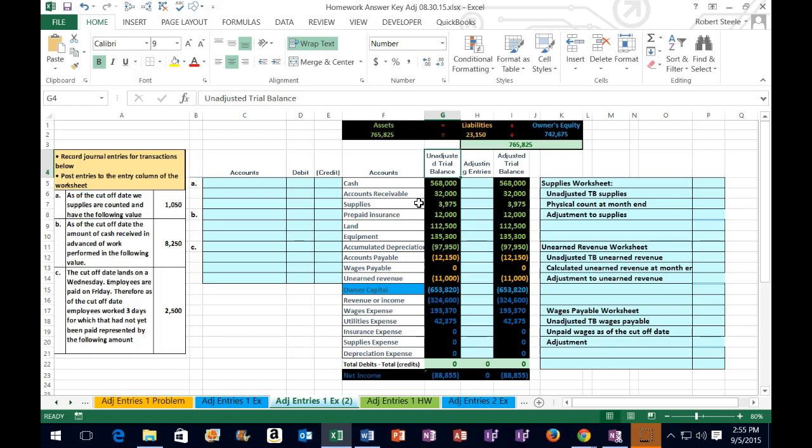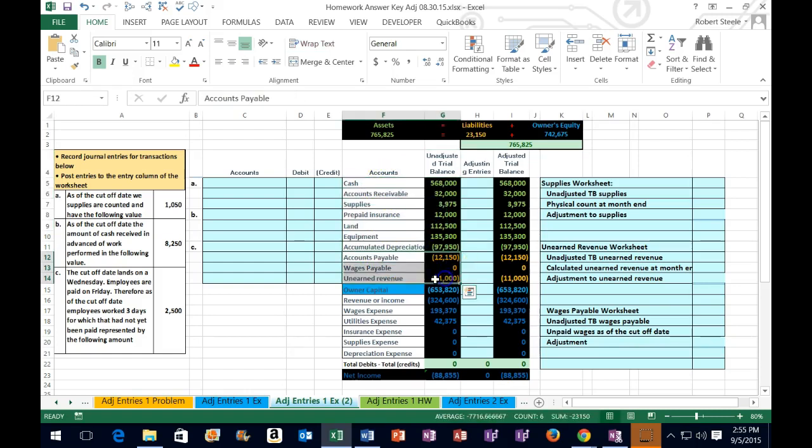Our goal is to make the financial statements correct as of that time period, because as of the end of the date of the month or year, that's when we will create the financial statements. And so as of that time frame, we want everything to be perfectly on an accrual basis as much as possible, so that it could then be used to create the financial statements. So we have the unadjusted trial balance on this side, and we've got, of course, the assets over here.